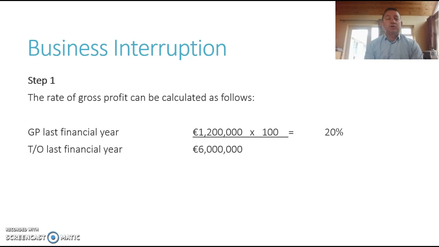So, step one in our claim calculation is to establish the rate of gross profit. So to do that, we get the gross profit in the last financial year, which is 1.2 million. We divide that by the turnover in the last financial year, which is 6 million, multiply it by 100, and it gives us 20%.